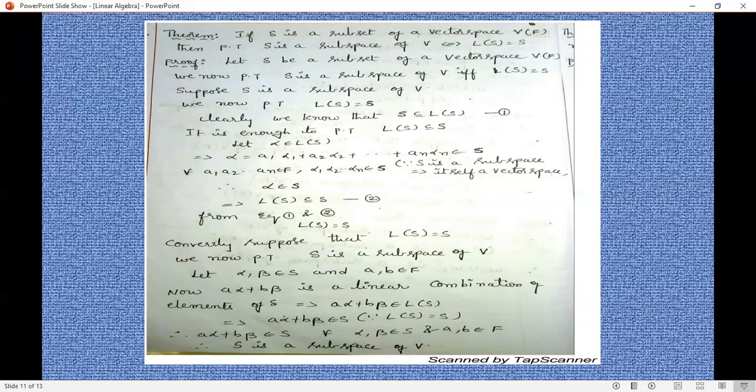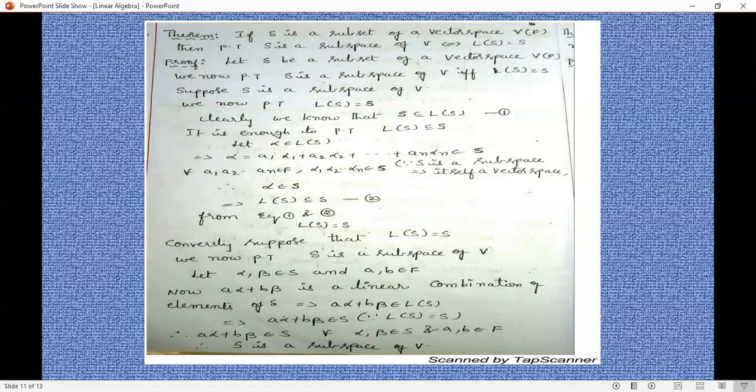So S satisfies: we take a1, a2, so on an in F and alpha 1, alpha 2, so on alpha n in S. Then a1 alpha 1, a2 alpha 2, so on an alpha n belong to S, and S is closed under addition. Therefore, a1 alpha 1 plus a2 alpha 2 plus so on an alpha n belongs to S.